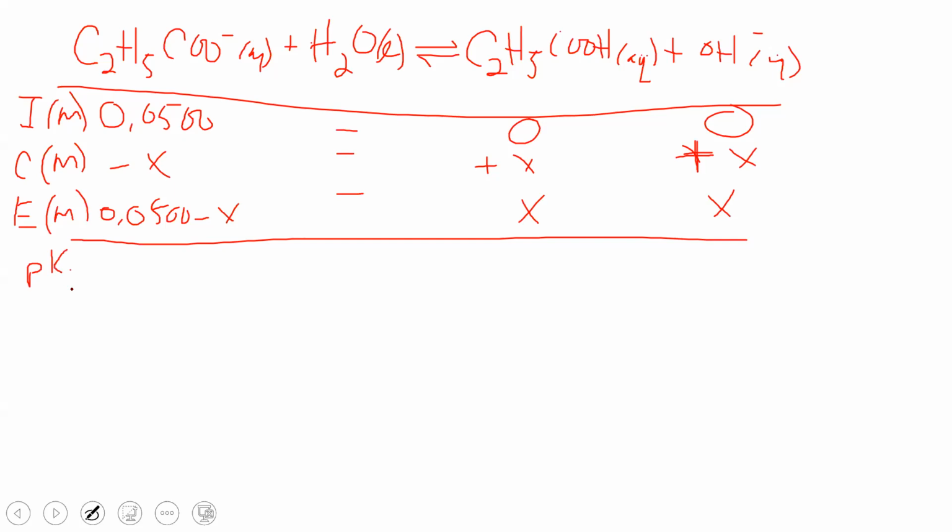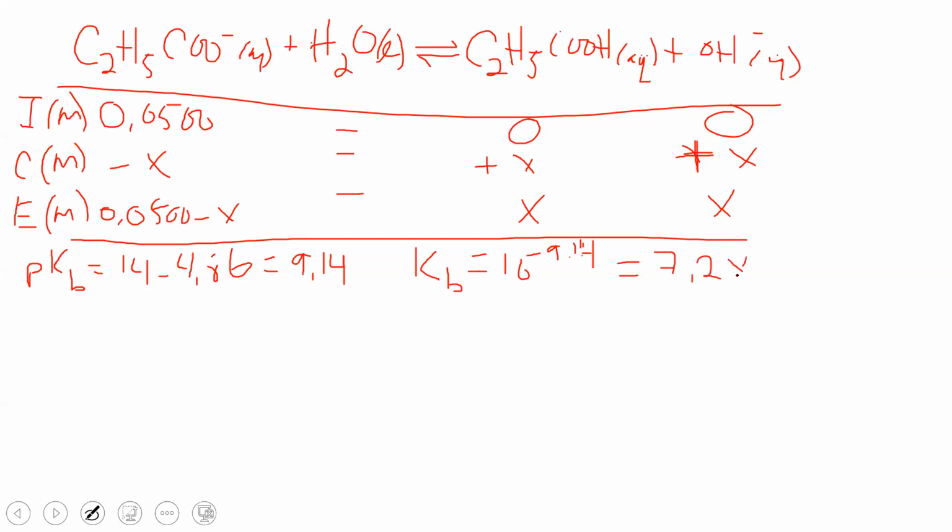So pKb will equal 14 minus the pKa, 4.86, and so we get a value of 9.14, which means our Kb is 10 to the negative 9.14, which will give us a value for our Kb of 7.2 times 10 to the minus 10.